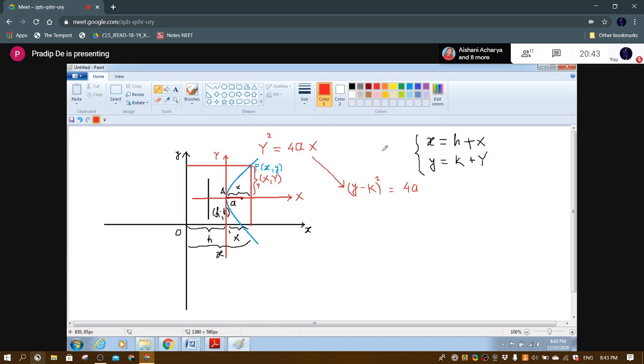Capital X is small x minus h. This is the equation of this parabola.